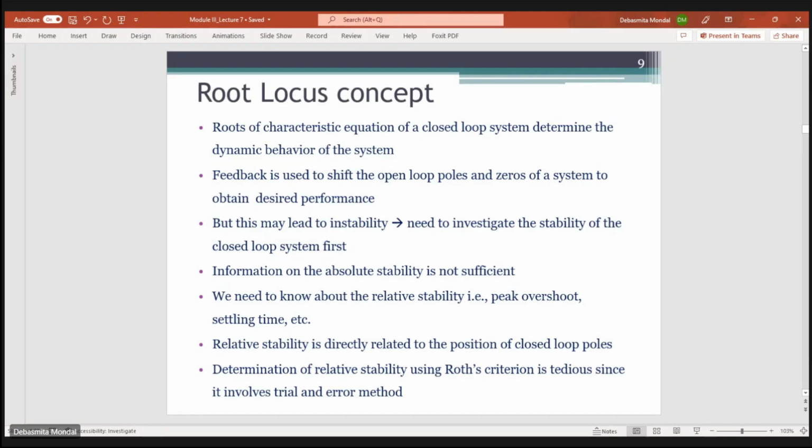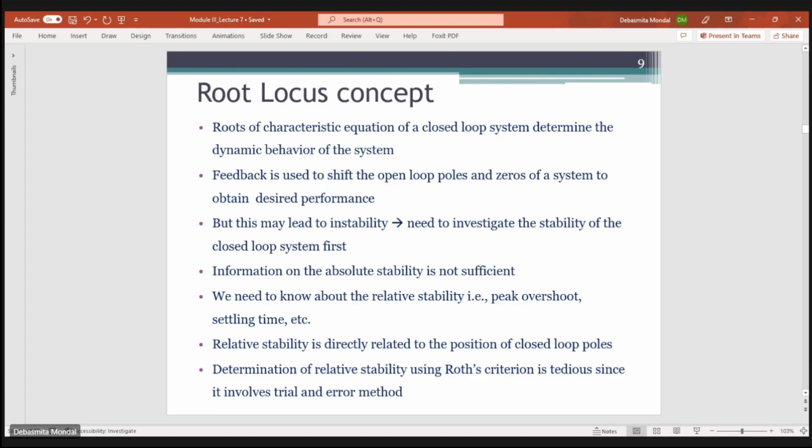Relative stability is as follows: suppose that after using a feedback, the poles of the closed loop system are changing. Depending on what performance criteria need to be satisfied, maybe one position of the pole and zero is not sufficient, and we have to move it to another position.